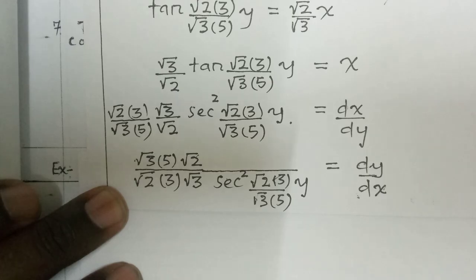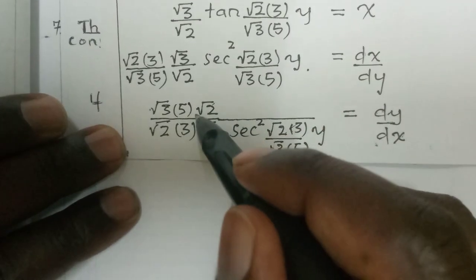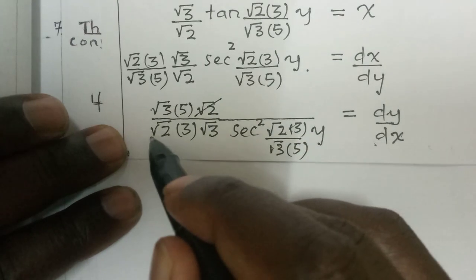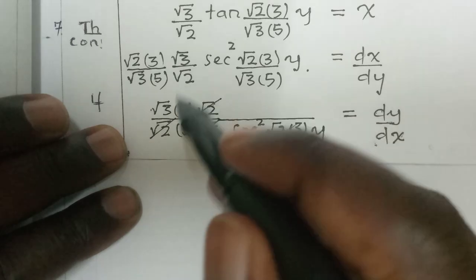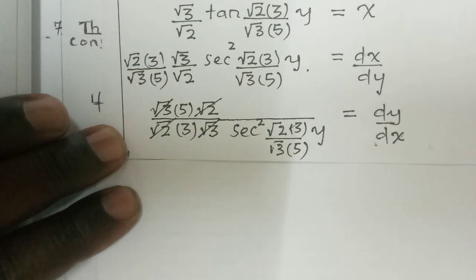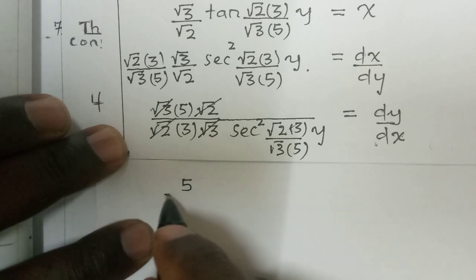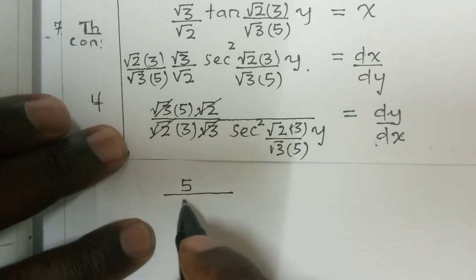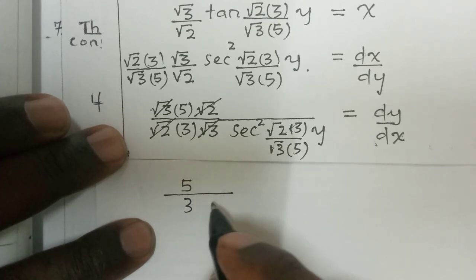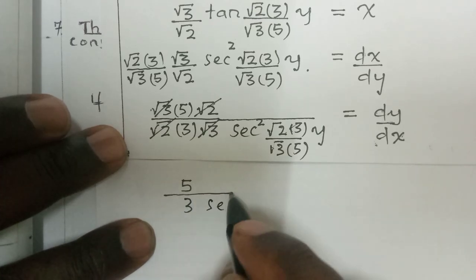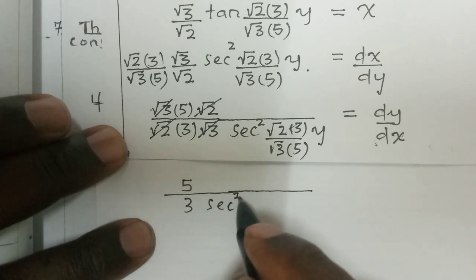So guys, we continue by saying this root 2 cancels that root 2, and this root 3 will cancel that root 3, like that. So here we are left with 5 all over 3, like that guys, and then we are left with a sec. So we can lengthen this one to be sec squared root 2.